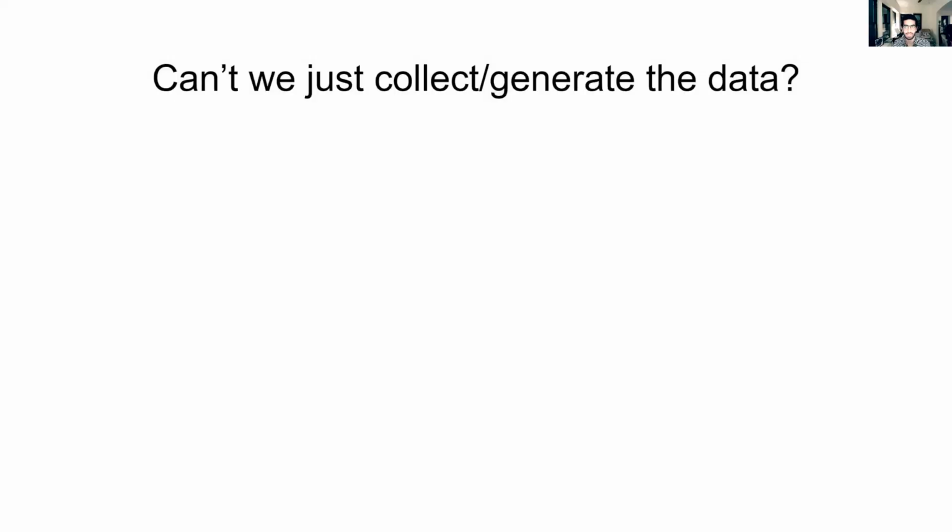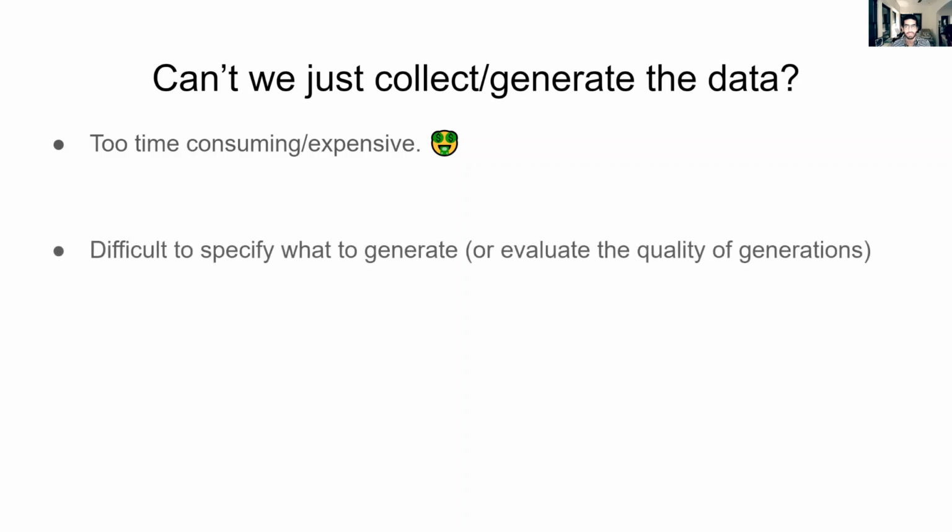A natural question to ask at this point is, if you don't have parallel data, why can't we just collect that parallel data? But as I said, for a lot of tasks, it is impossible to collect. First, for things like translation, you need professional translators, which can be very time-consuming and very, very expensive. Even for a task like image style transfer, like photo to painting, that task is just impractical. So you can't specify, or it's very difficult to specify what to generate.